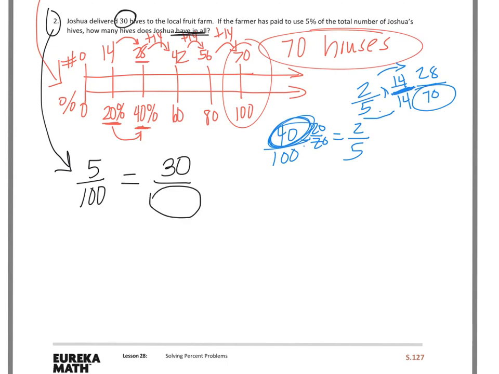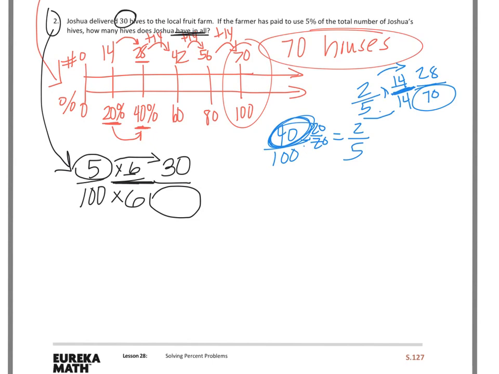Now this one really lends itself to just calculating out, because all I have to do is take the percent and figure out how to get to the part. And I know 5 times 6 will get me 30, meaning I have to multiply the bottom by 6, because we're not multiplying by 6, we're multiplying by 6/6.